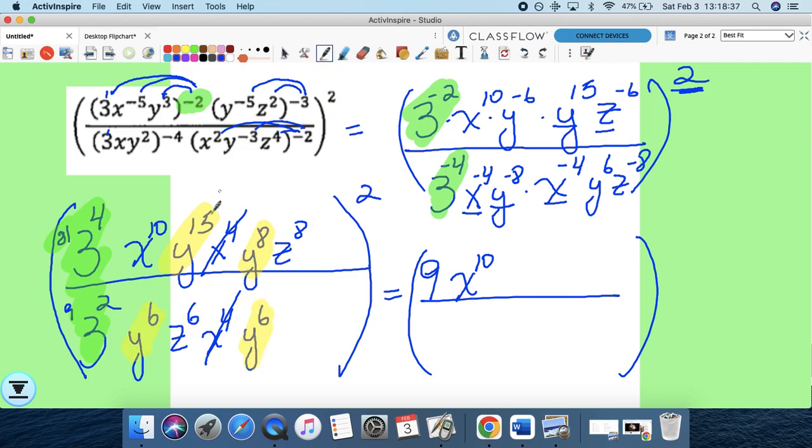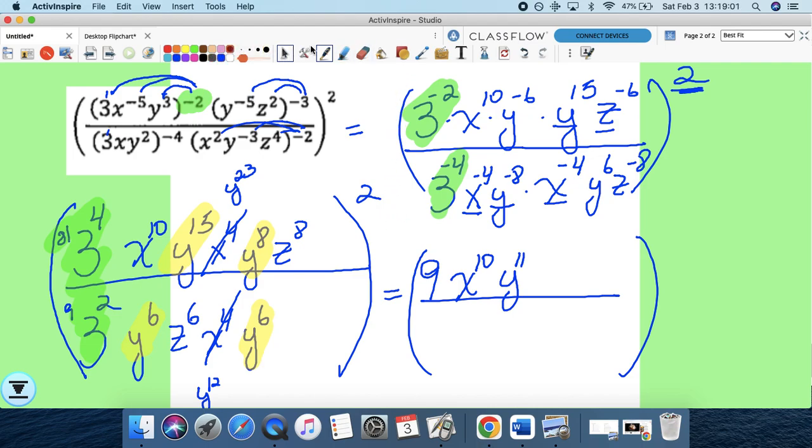Well, on the top, y to the 15 and y to the 8th is the same thing as y to the 23rd, yeah? Y to the 6th and y to the 6th is the same thing as y to the 12th. Well, if I subtract these two, if I simplify, I'm going to cross 12 y's from the bottom, 12 y's from the top. How many am I going to have left over on the top? 11. So the y's are done.